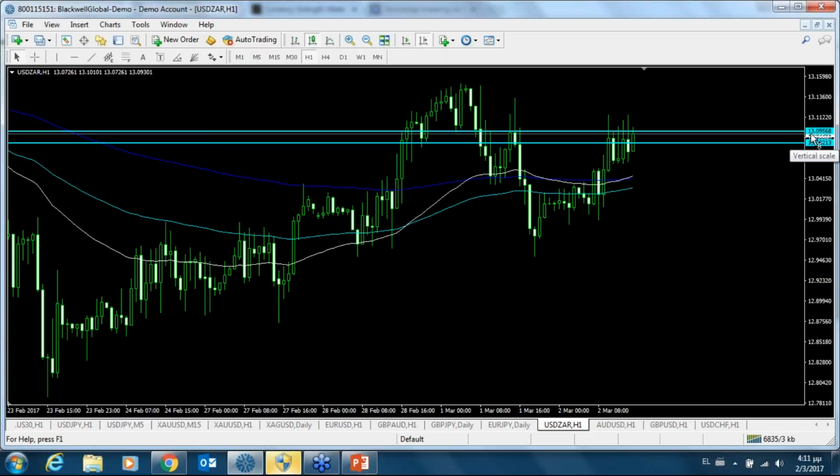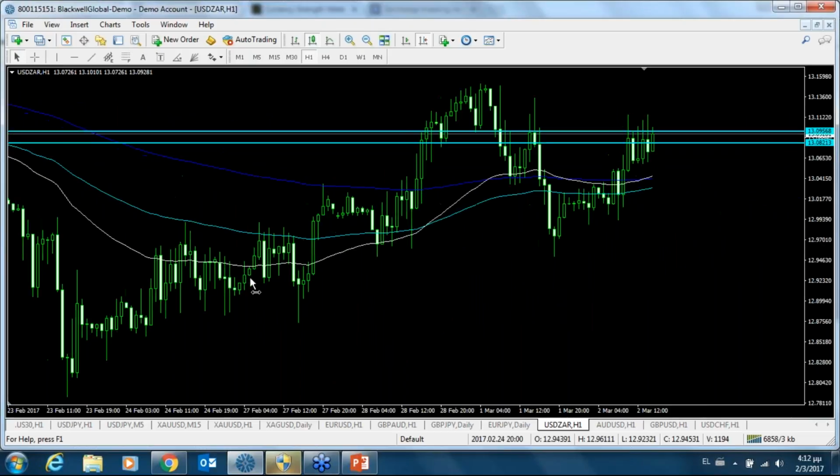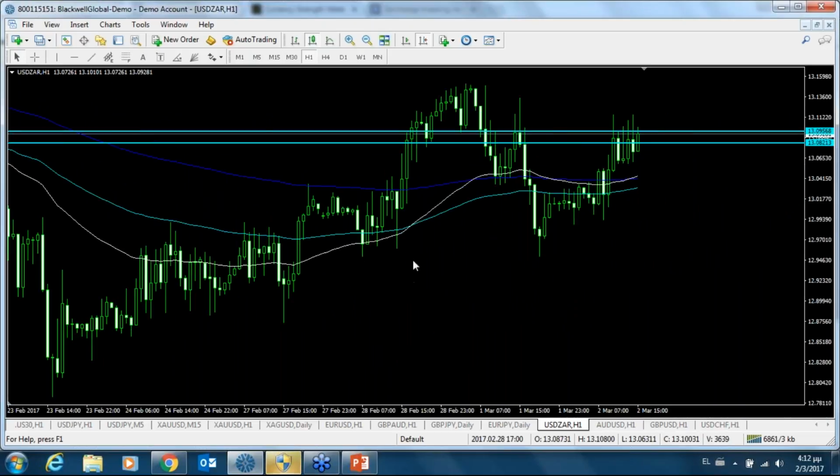As you go on to 13.09, I would think that it's probably best to look at 13.20 and above for prices to go above 13.20, which is your psychological number, to give you a better understanding of whether it can actually pick up the momentum to the upside. Okay, so that's USD/JPY for you there, Michael.